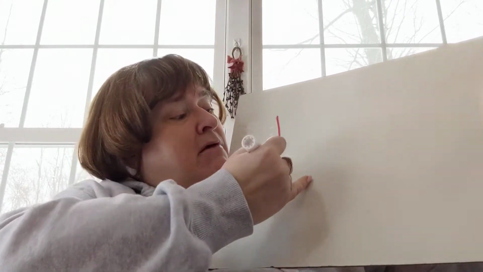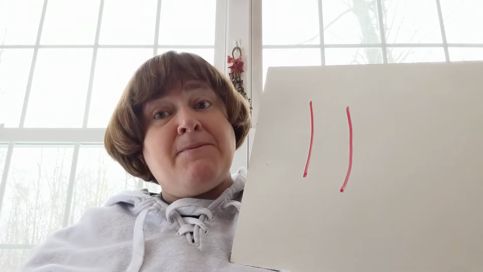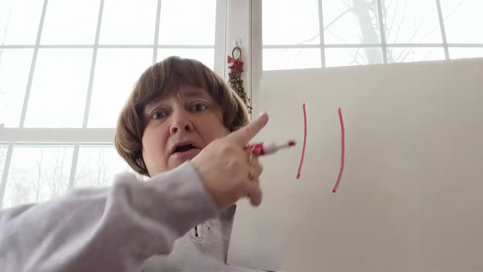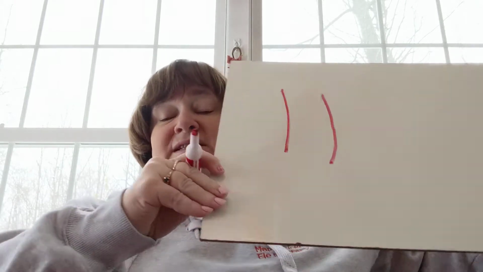So 11 is a 1 and another 1 beside it. If you're not using some paper and pen, maybe just practice in the air. A 1 and a 1. And what's the name of this number? 11. So 11 is a 1 and a 1.